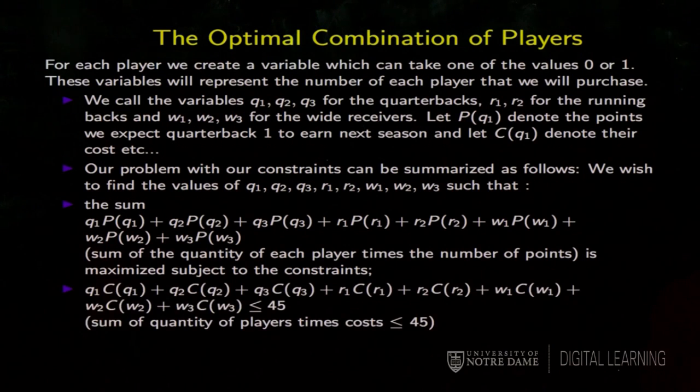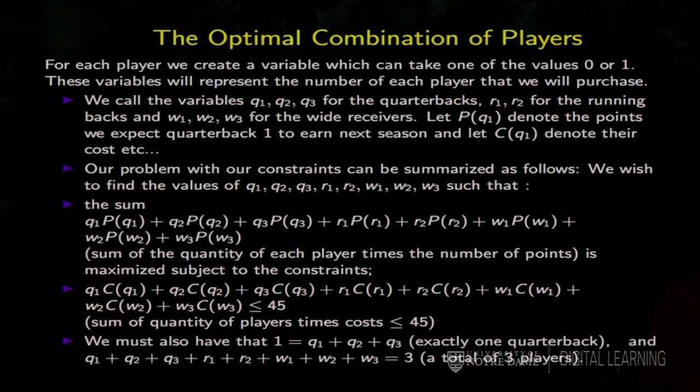The following sum shows you the total cost of the players you select, and your constraint is that you want that sum to be less than or equal to 45. So the sum of the quantity of each player times their cost should add to something less than or equal to 45.